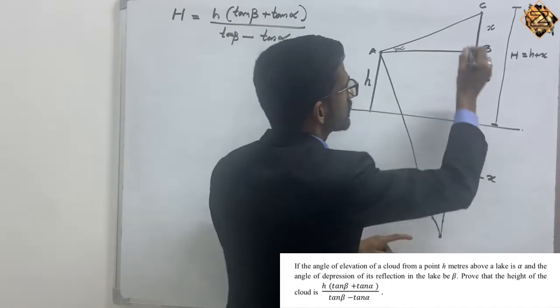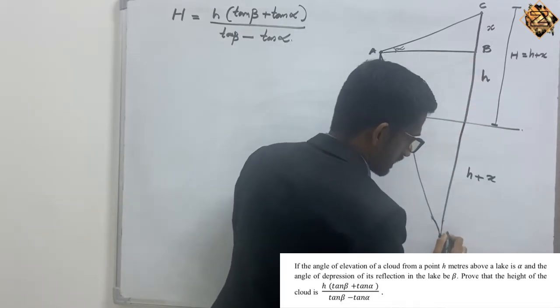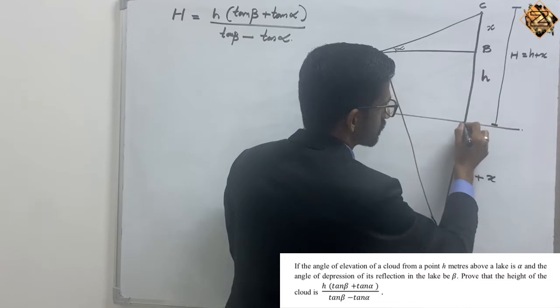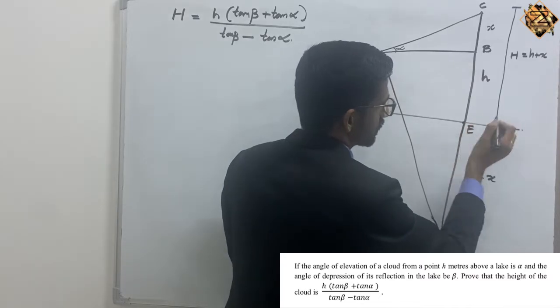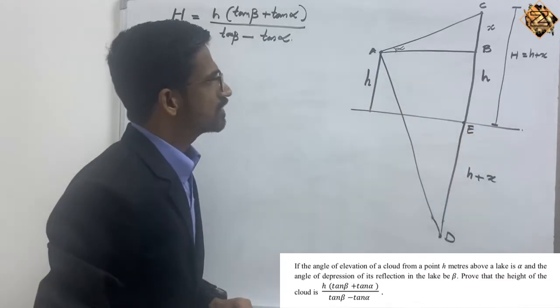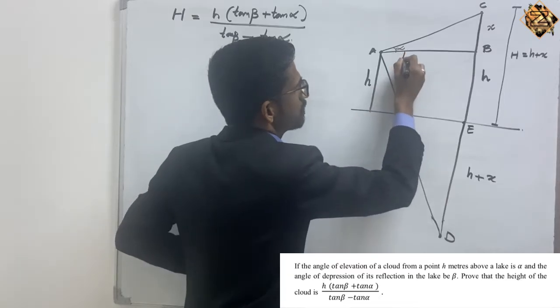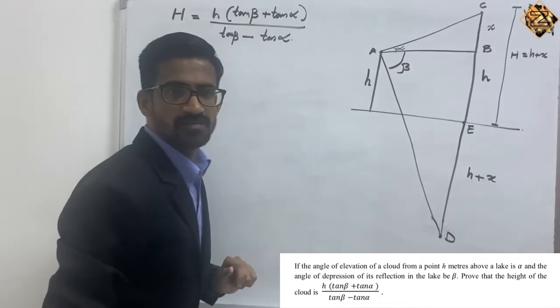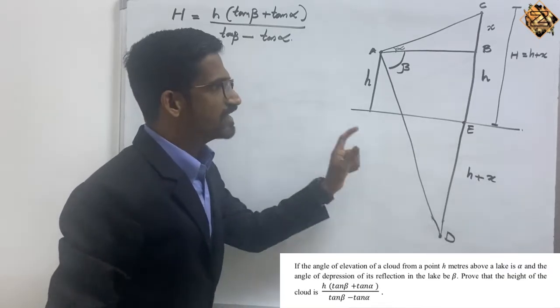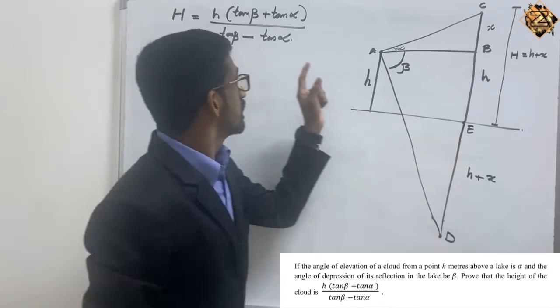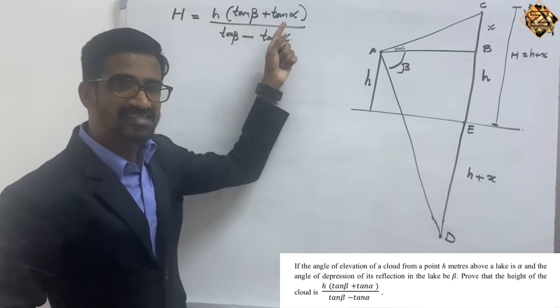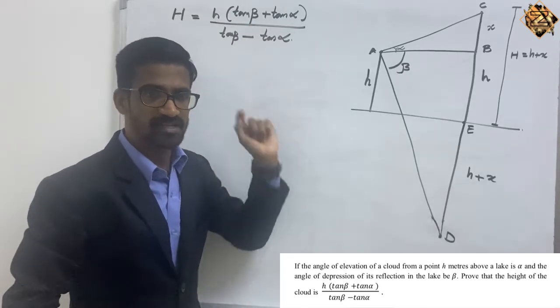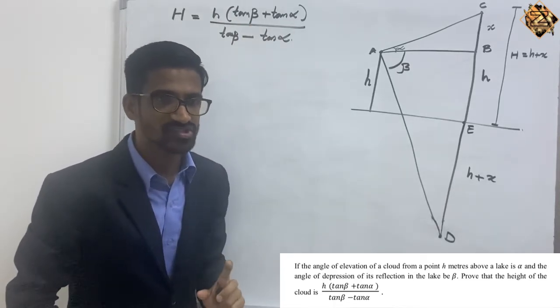This we can take as A, B, C. Here we can take it as D. This point B, E. And the angle of depression is beta. The question is, prove that the height of the cloud is h into (tan beta plus tan alpha) by (tan beta minus tan alpha). Hope the question is clear.